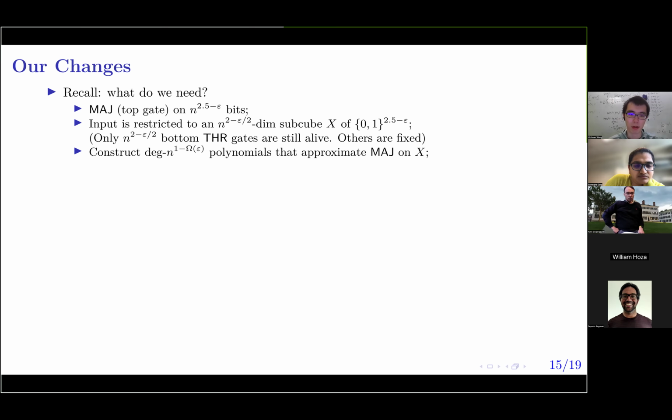And then what we want is to approximate this majority gate by a sublinear degree polynomial. If those three are the only things we want, then you can just directly apply the Alman-Williams lemma, because the majority gate is now simplified to a majority gate of square root many bits.